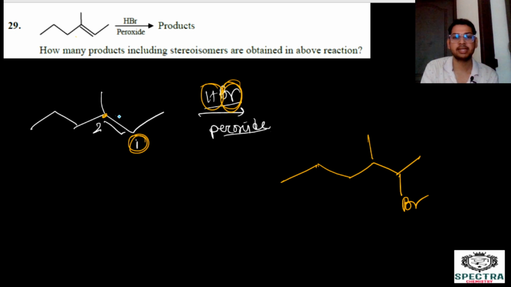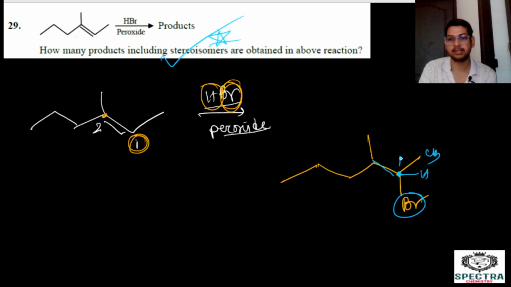Okay, sir, if this is the case, then they are asking how many products including stereoisomers. Sir, the question is about stereochemistry, so we have to find the chiral centers. Sir, this center is a chiral center, right? Because it has bromine, methyl, this group and a hydrogen. All the 4 are different. This center also: this group different, this group different, this is a methyl and this is a hydrogen. So this center is also a chiral center.